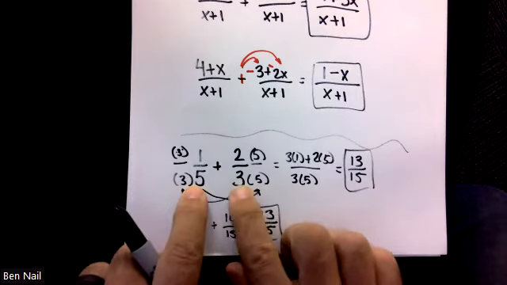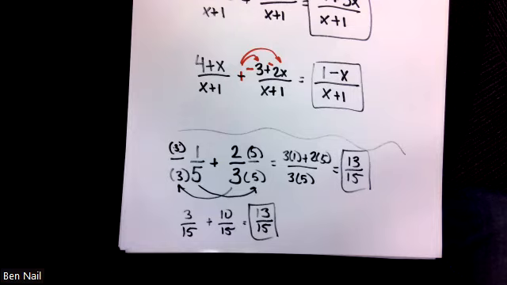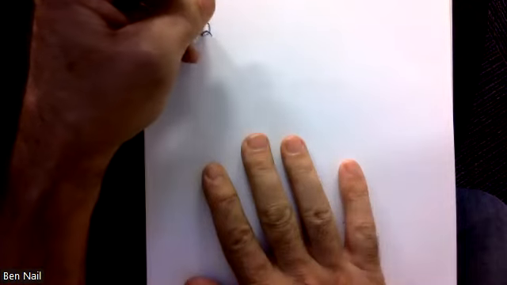But this concept of multiplying your denominators together to guarantee a common denominator is again the mechanics for when you have an algebraic expression and you do not have a common denominator.